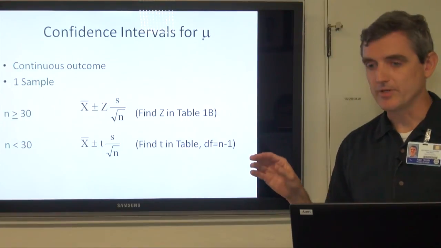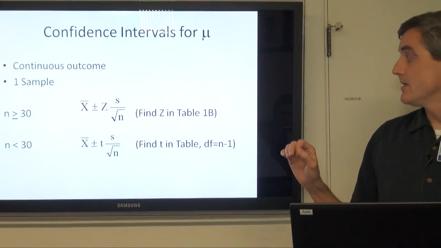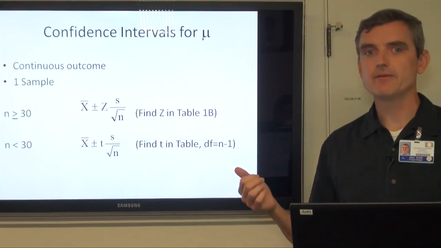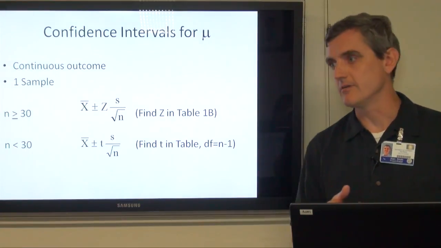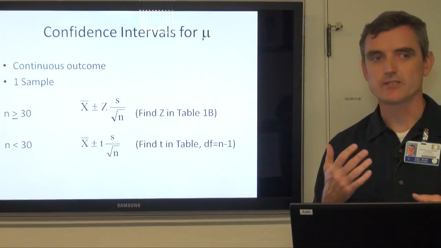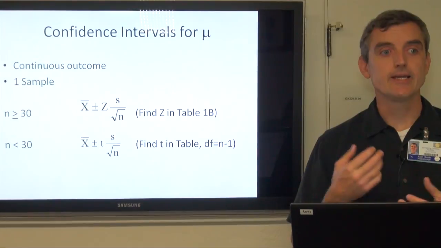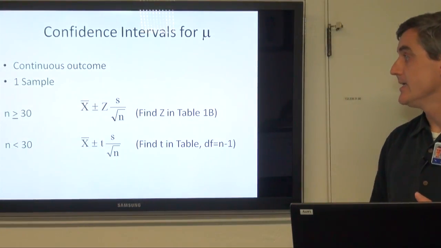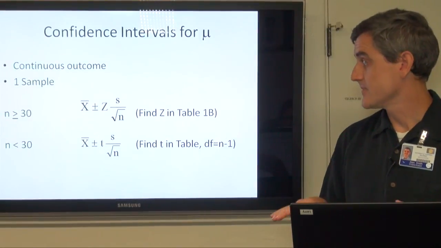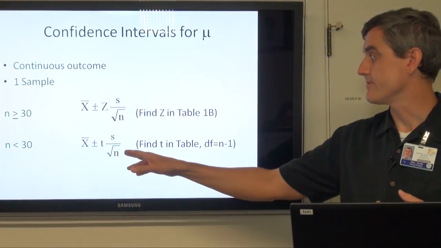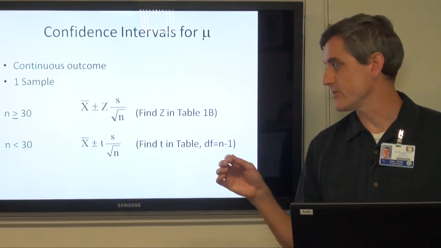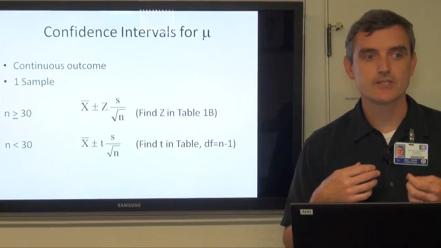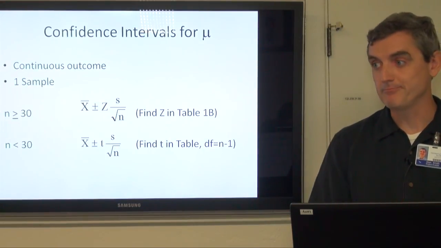I said table 1b, but I didn't give you a table 1b. But there's usually a table of critical values of z distribution, t distribution. These are readily available in any statistical text or online, and I can get you one if you like. Essentially, to find the critical value of t in here, you're going to need to know how many degrees of freedom.